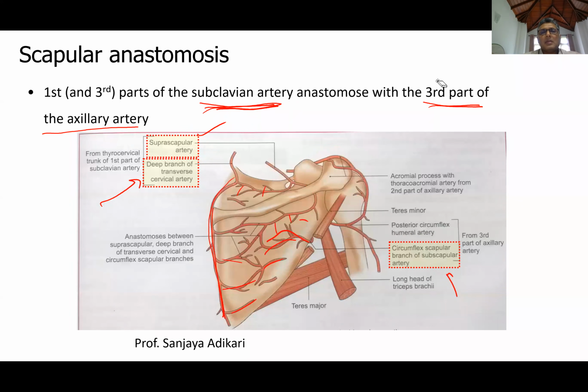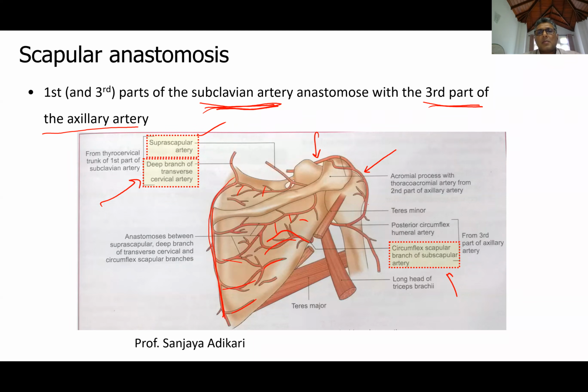So how that happens is you get branches from the suprascapular artery called acromial branches of the suprascapular artery. You see the acromial branch of the suprascapular artery there. Then you get acromial branches of the thoracoacromial trunk from the second part of the axillary artery. If you remember, the thoracoacromial trunk gives several branches, and one type is the acromial branches.